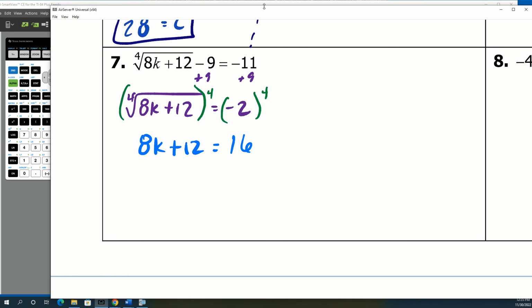All right, and then from here, just a couple of steps. Subtract 12. Divide by 8. And we're going to get that k is 1/2, maybe.